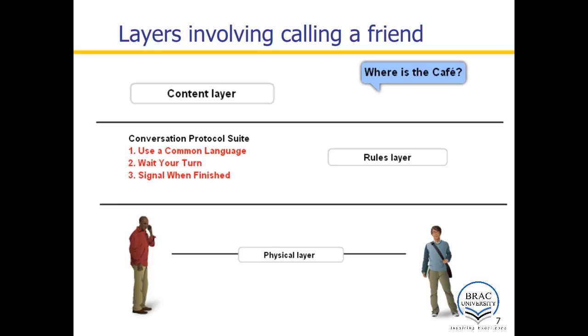And lastly, the two persons here will be considered as a physical layer. So in this whole communication, we have three layers: content layer, rules layer, and physical layer. And overall, in data communication, we will have these particular layers that I'm going to show you in the next slide.